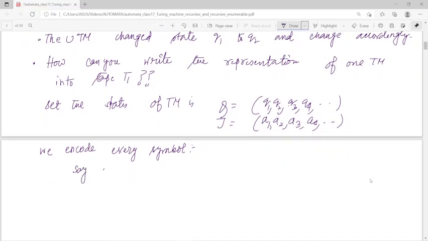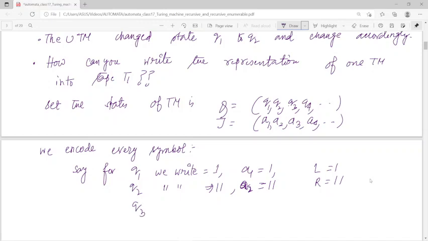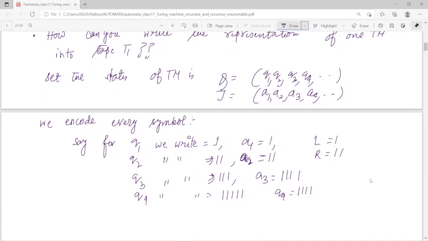Say for q1 we write 1, for a1 we take 1, for left 1, for right 1. This is my representation; you can change it as per your representation. I can write say 11 for q2, a2 can also be written 11, q3 we can write 111, a3 I take 1111.